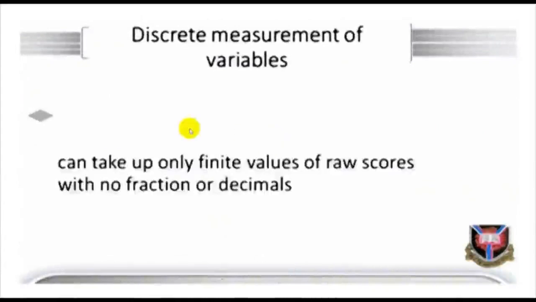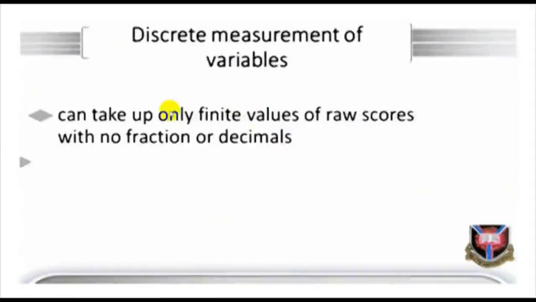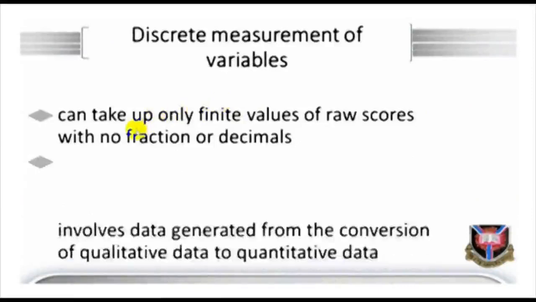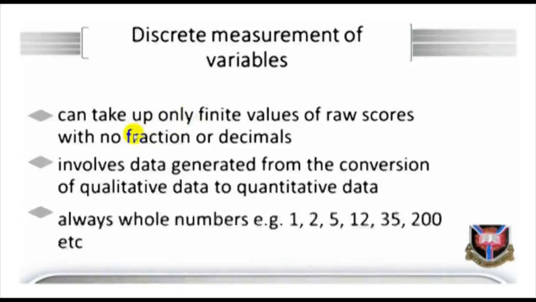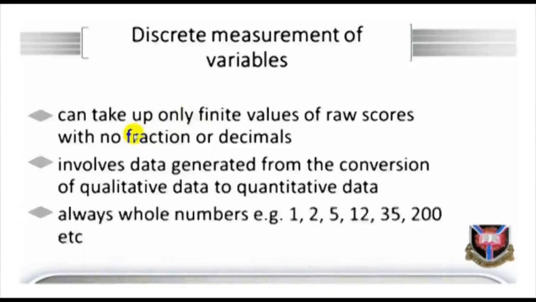It could be countable data, such as the number of students who registered for a course. Data generated from the conversion of qualitative data to quantitative data contain discrete values. Discrete values are in the form of 1, 20, 70, 200, and so on. These are always whole numbers.